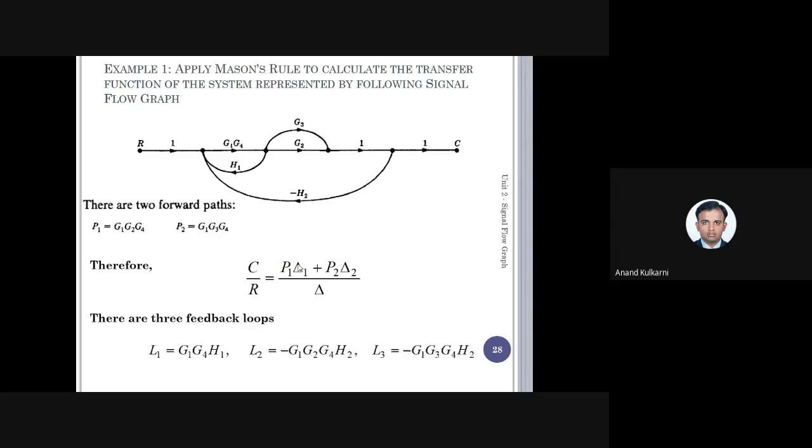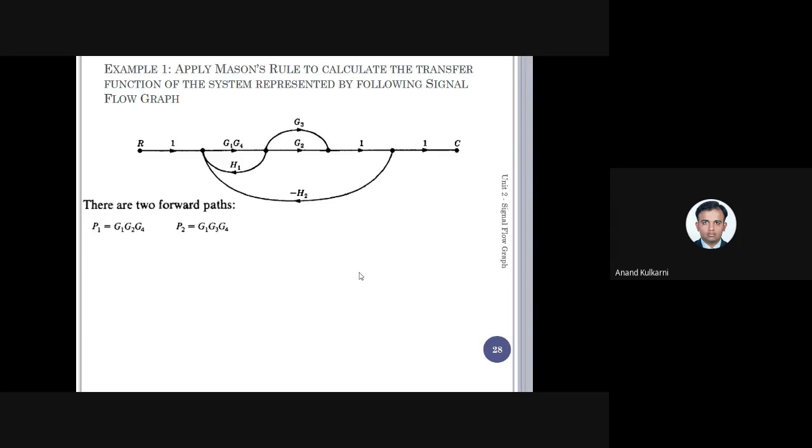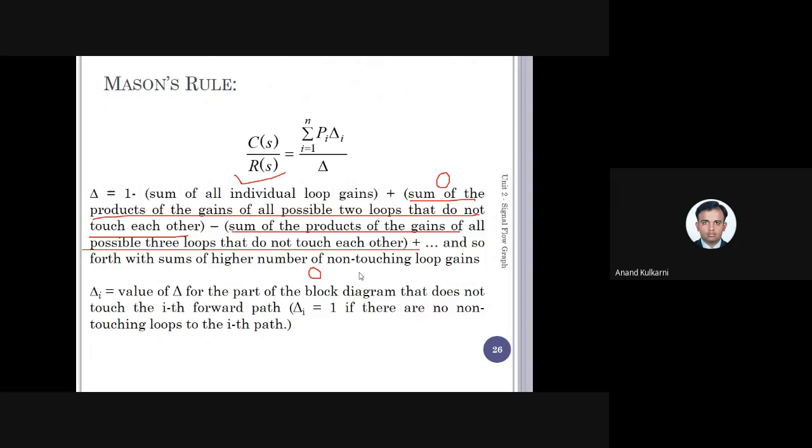In this formula, I know P1, P2, and delta. My next task is to find delta 1 and delta 2. Now how to find them? Delta 1 is the value of delta for the part of the block diagram or signal flow graph that does not touch the forward path.